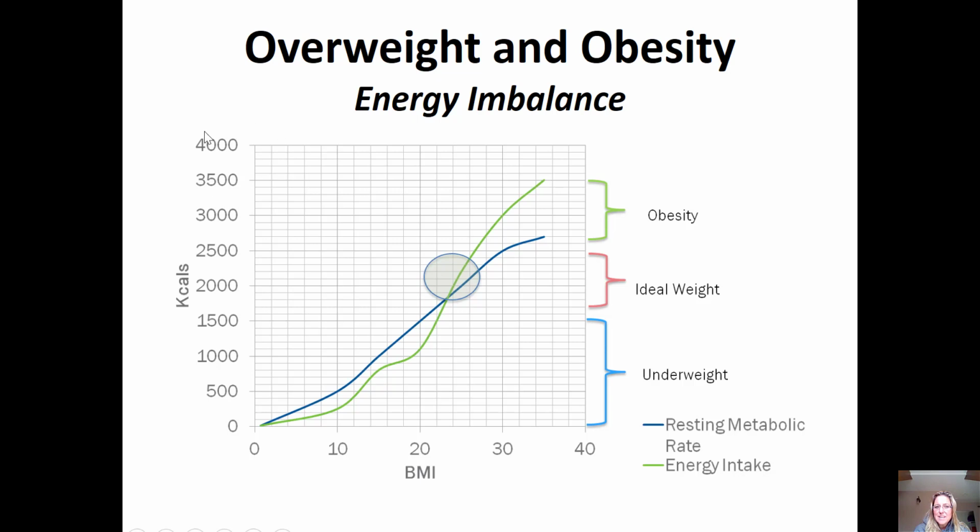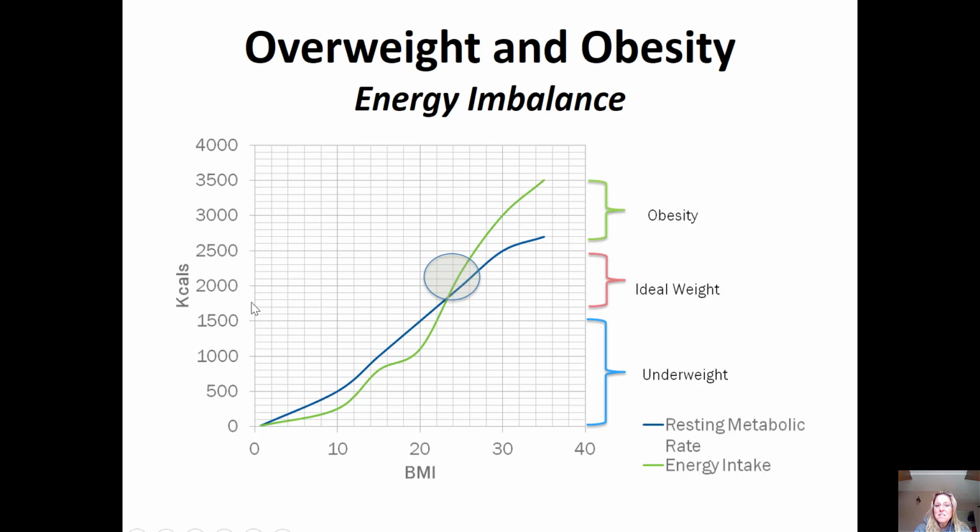It's about calories in and calories out. We tend to see obese individuals with a very high caloric intake, but you can see there's an inverse relationship: their resting metabolism goes down. Even though they're ingesting all these calories, they're still in a positive energy balance because their body is not burning off those excess calories. But you can see people who are of an ideal weight balance those out.